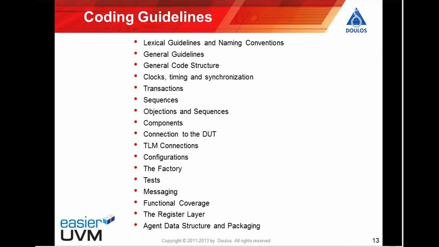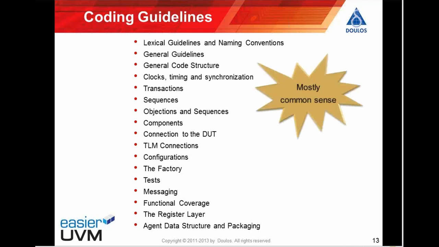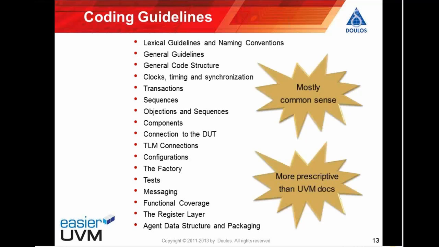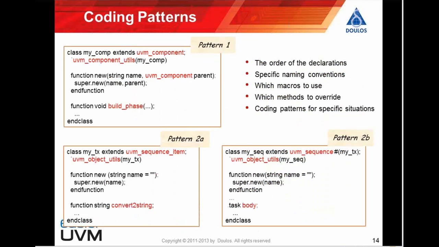We are only addressing a lot of things which are very important for verification, and we give quite good descriptions of how to implement UVM environments and how to perform the coding. It's mostly common sense, but it has more insight than the simple UVM does.